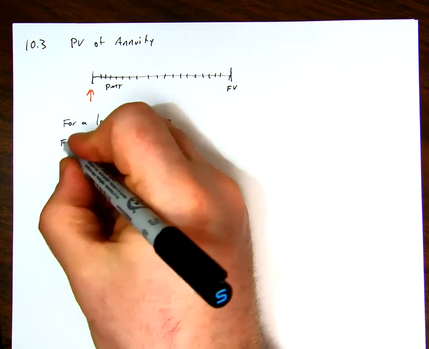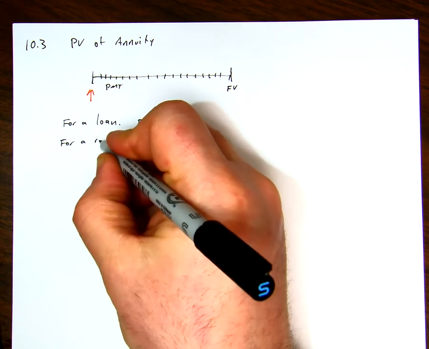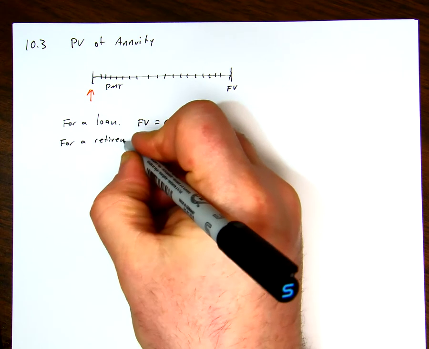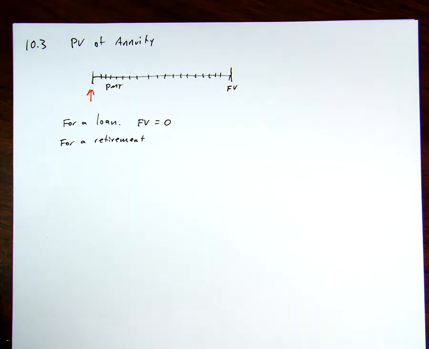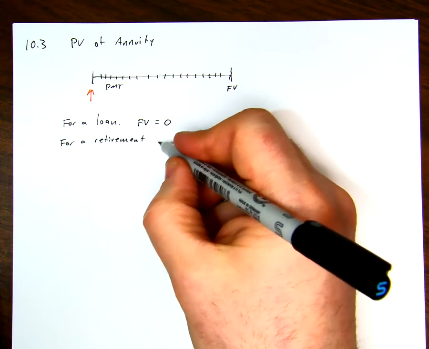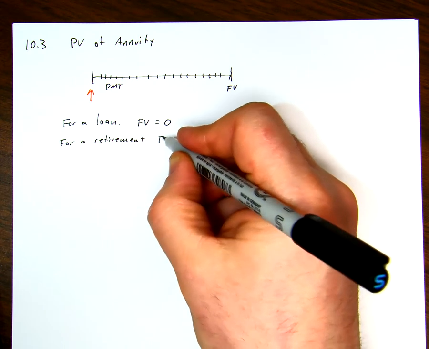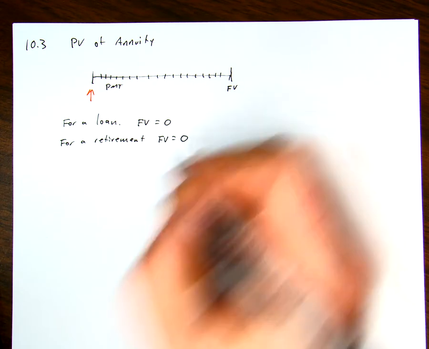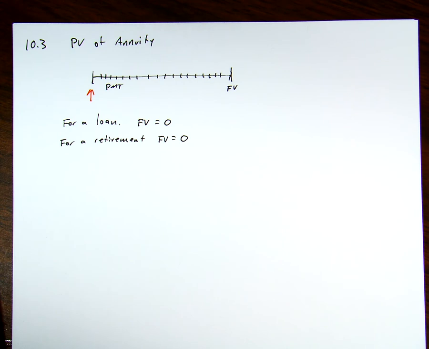And we can also say, so for retirement, okay, we're going to get some income, and after a period of time, the future value is going to be 0. It can't go on forever, and eventually there's going to be a point in time where there's no money left.